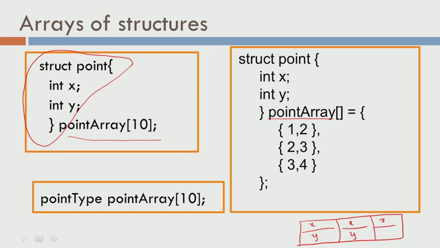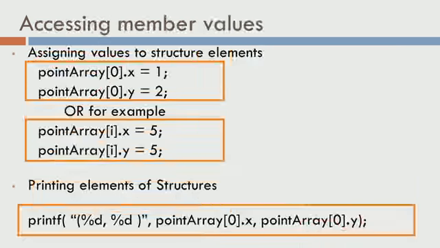This is point array of 2 comma x, this is point array of 2 comma y, and so on. So in this case the point array has 3 points, so the x will get 1, the y will get 2 at point array of 0, then point array of 1 dot x is 2, point array of 1 dot y is 3, and finally this would be 3 comma 4, right. So this is the setup that we have for array of structures.